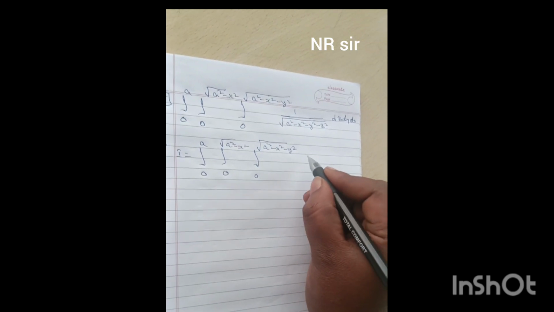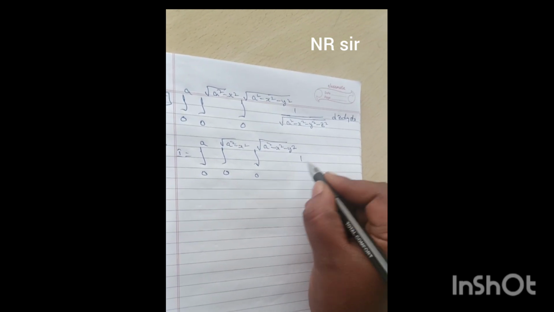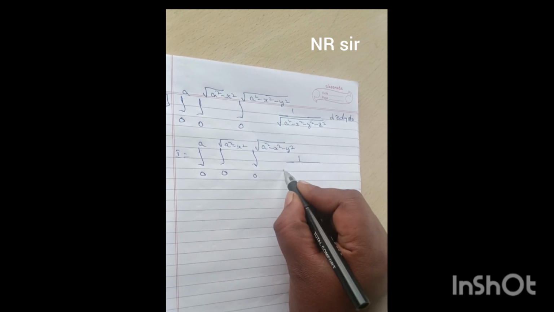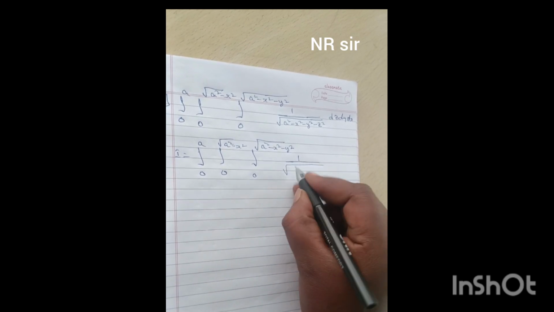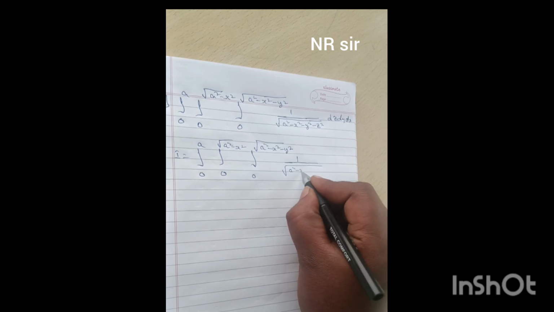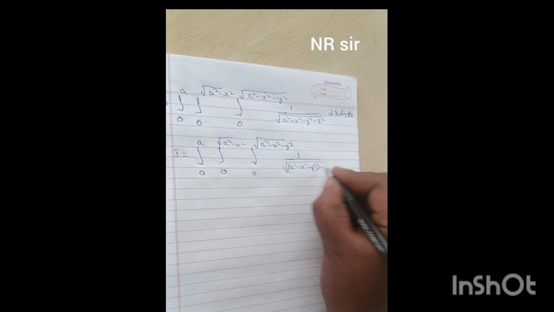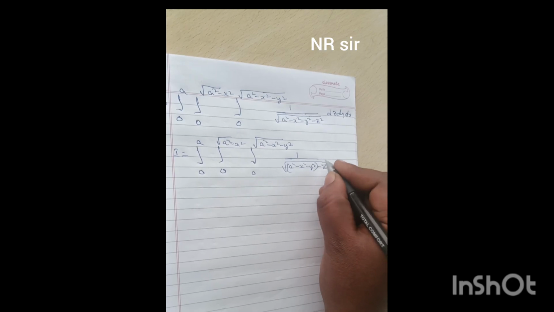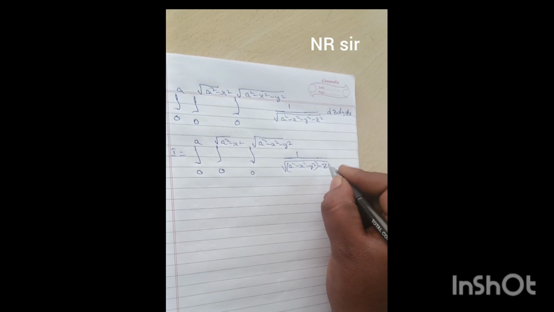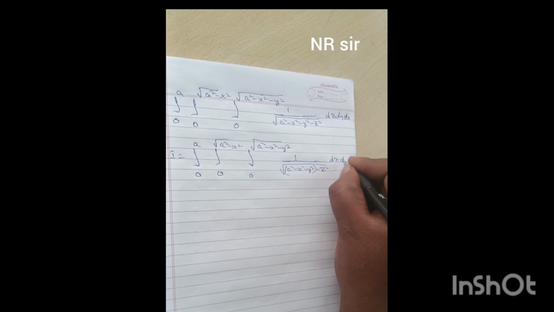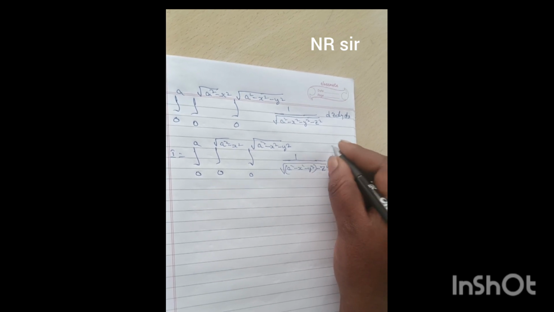Here this function, what I am going to do, is 1 divided by square root of a square minus x square minus y square. This I am going to make as a group, and the z square I am keeping as it is outside. So now this is dz dy dx.